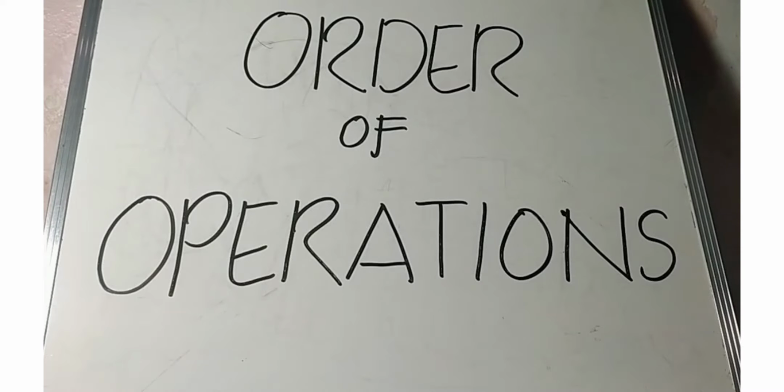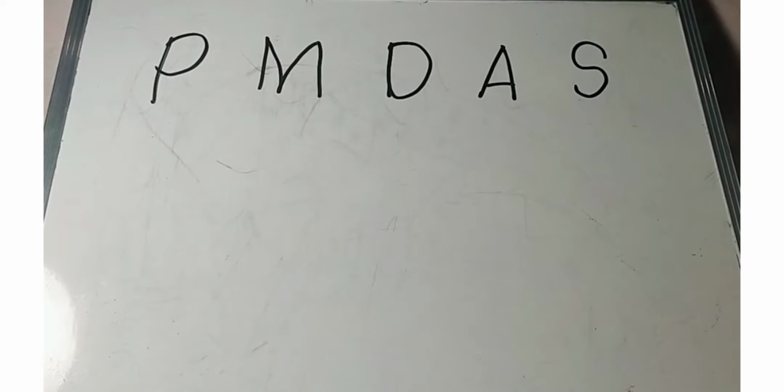Ang lesson natin para sa linggong ito ay tungkol sa order of operations. When we simplify numerical expressions involving 3 or more operations, it is important to follow the order of operations, which is known as PMDAS or PEMDAS.